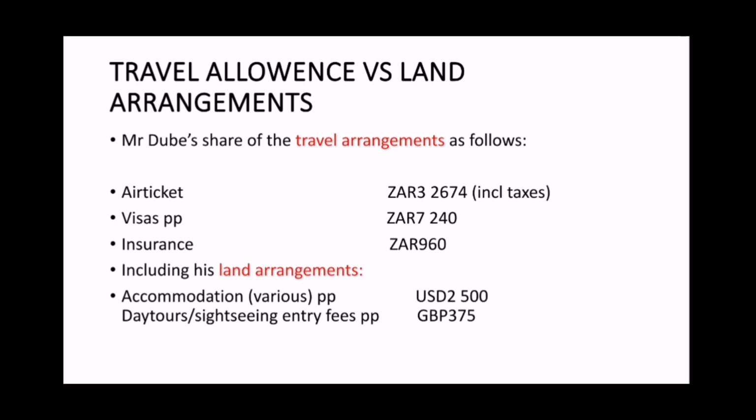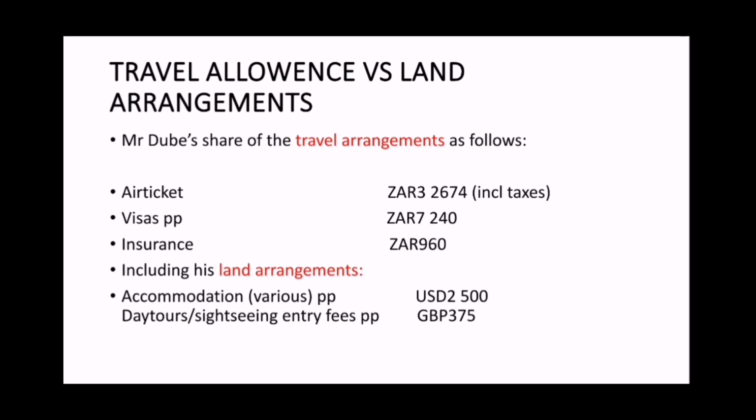So when we look at travel arrangements, it includes your air ticket, your visa, your insurance, your accommodation, and your day tours and sightseeing fees. All of these fall under travel arrangements. However, under the category written land arrangements, we have costs that are written in various currencies, your USD and your GBP. Those are your land arrangements.